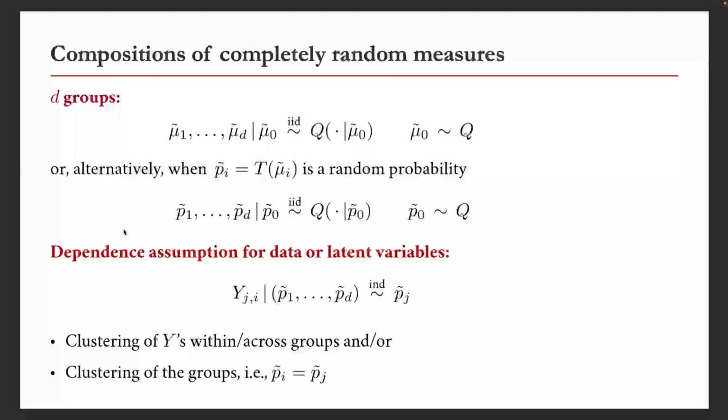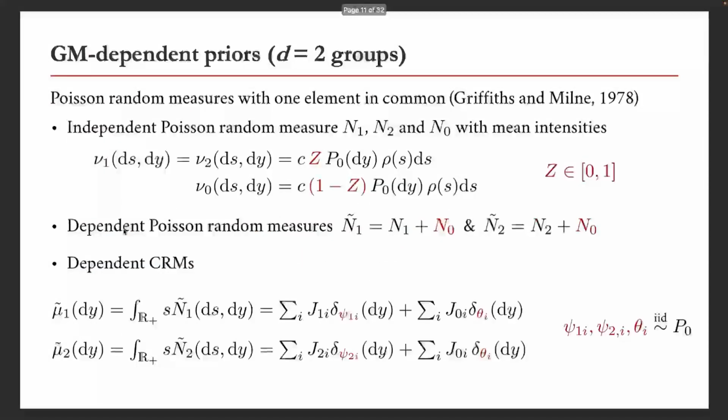And you want to address problems of clustering of the observations and of the groups. So one construction of this type that I will present is labeled GM-dependent priors.